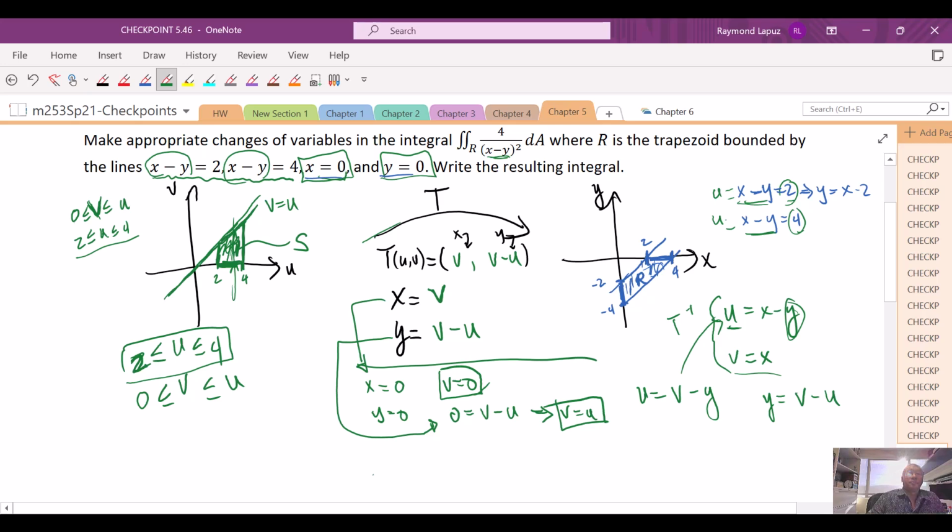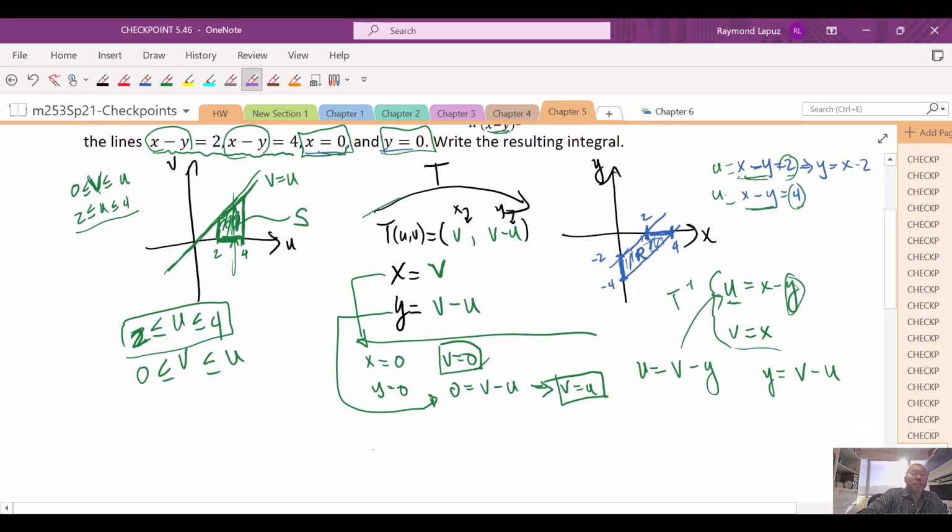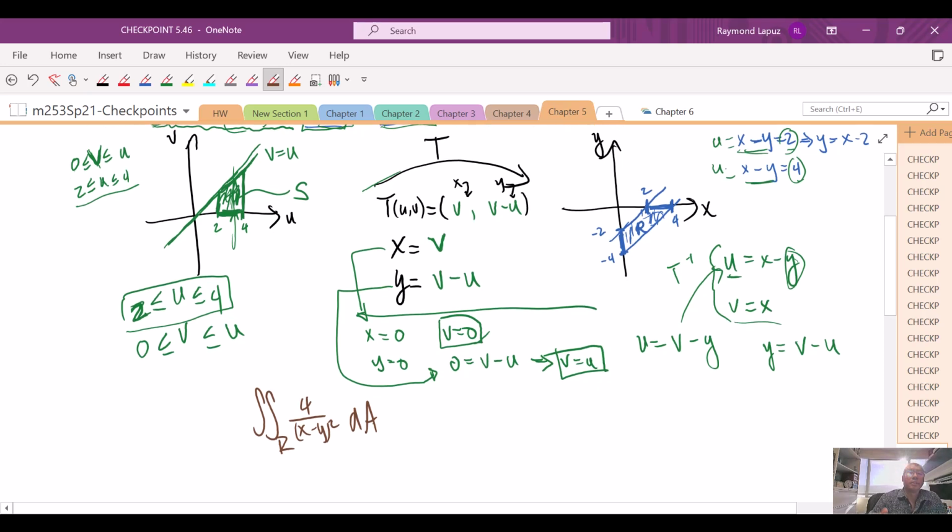All right, so now let's rewrite this integral. What do we have? We have the double integral over R of 4 over (x minus y) quantity squared dA. So this is your x and y limits. And now we're going to rewrite this as the integral over the new region S of 4 over, now this is going to be a u squared.